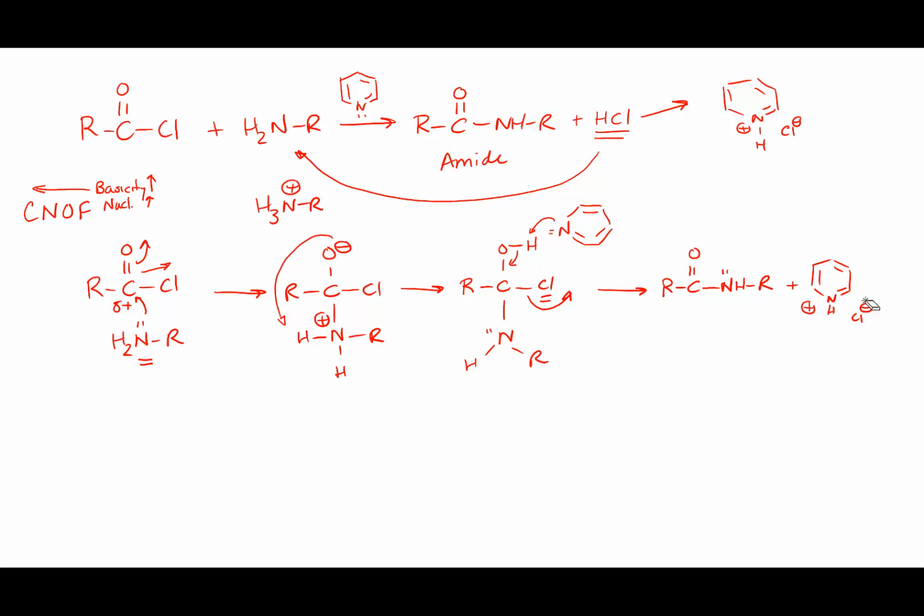Again, if I don't have a base in there to remove that proton, it'll go back into the system and protonate the amine, and then any unreacted amine at that point becomes ammonium, which is not a nucleophile because it doesn't have the free electrons to react with the carbonyl. So that would be our mechanism for forming an amide from an acid chloride.